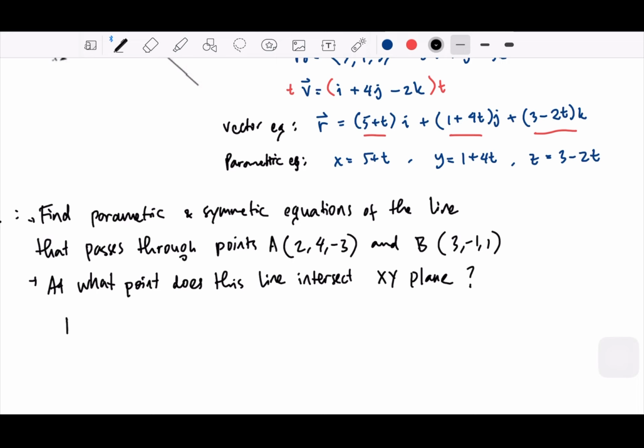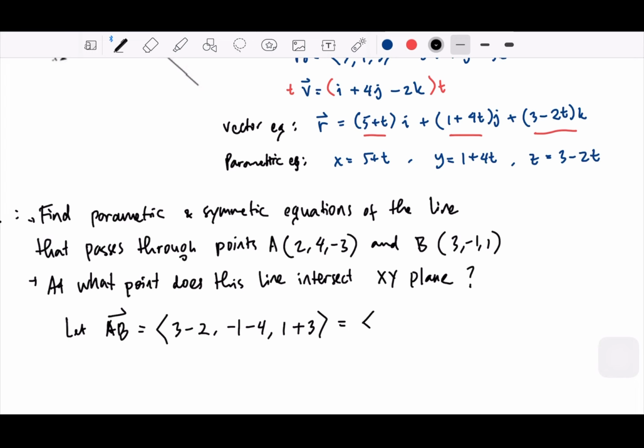So let's take the vector AB. This becomes 3 minus 2 is 1, or maybe let me write one by one so you know where it comes from. So 3 minus 2, 1 minus 4, and 1 minus 3, so plus 3.